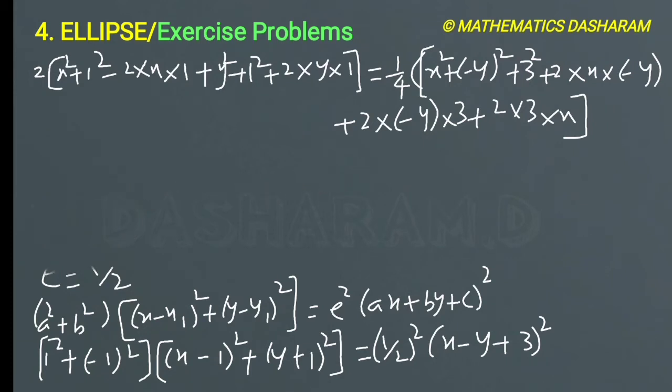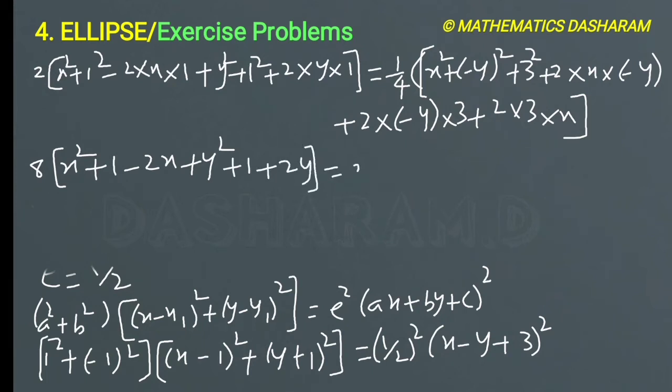So now this 1/4 transposes to the left side. Then 4 2s are 8, bracket of x² + 1 - 2x + y² + 1 + 2y, equals x² + y² + 9 - 2xy - 6y + 3 2s are 6x.